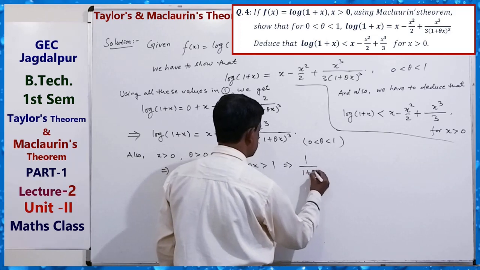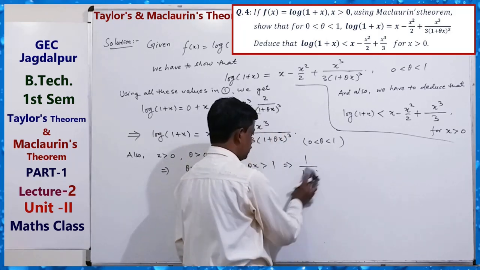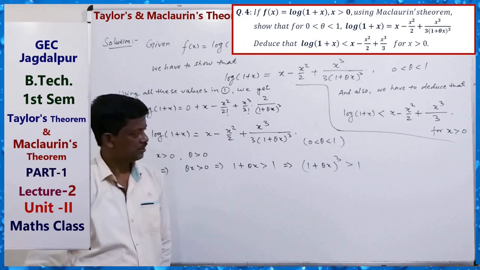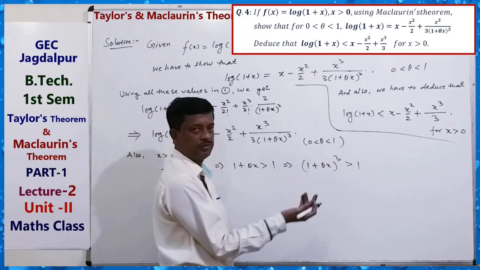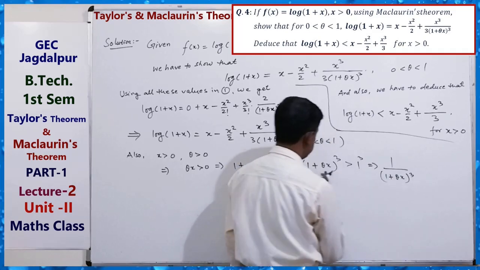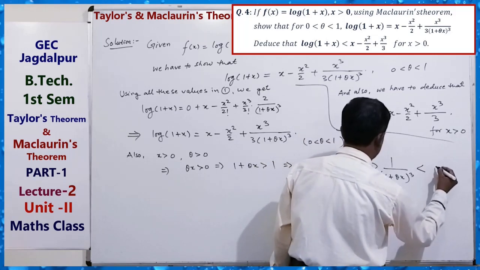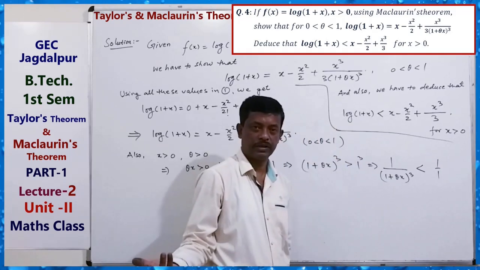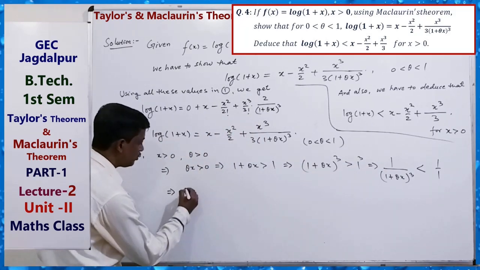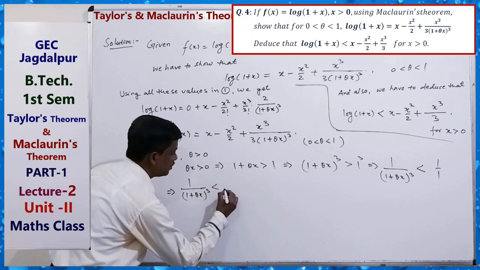We can also cube it: (1 plus theta x) cube is greater than 1 cube. Invert it, then 1 upon (1 plus theta x) cube will be less than 1 upon 1, that is, less than 1.